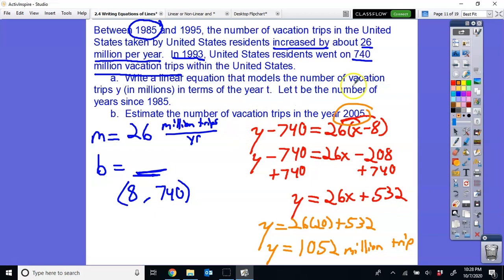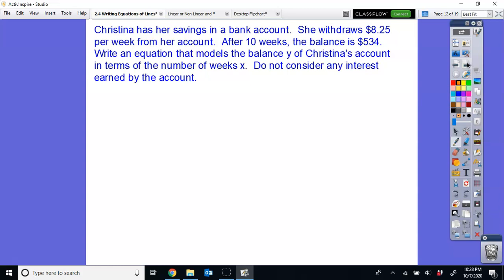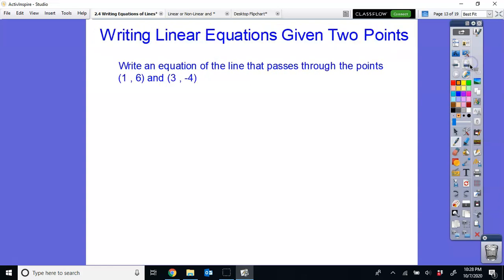All right. The last thing that we're going to look at here is what happens if we are writing a linear equation when we are given 2 points on the line. This is when we do not have the slope handed to us.